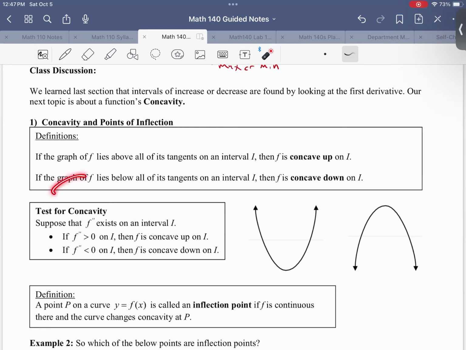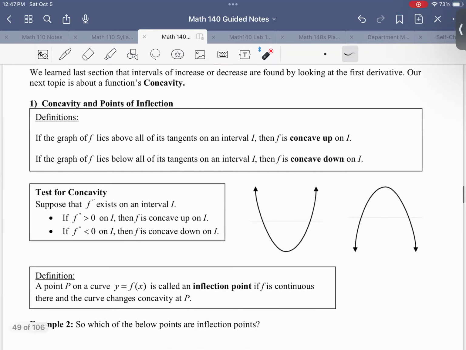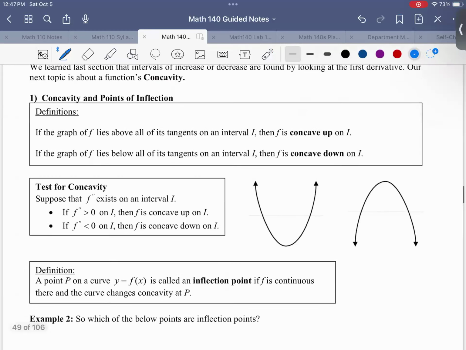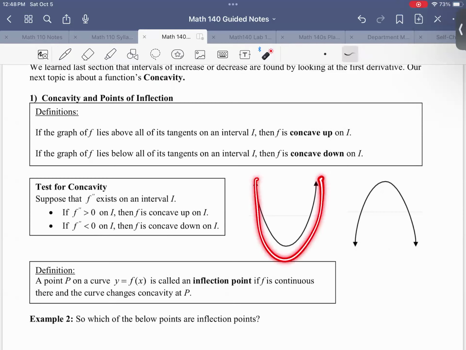And likewise, if the graph of f lies below all of its tangents on an interval I, then f is concave down on I. If that definition is a little too much, what it's really saying is that this right here is just concave up.